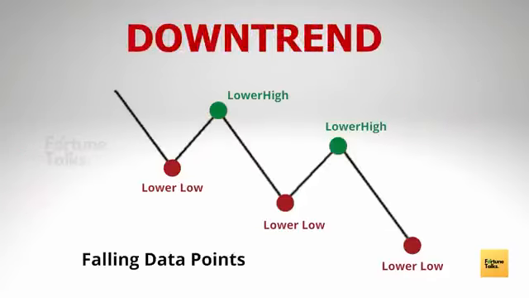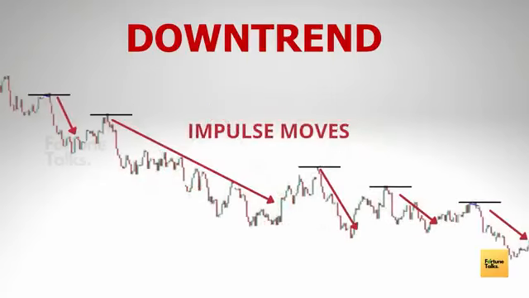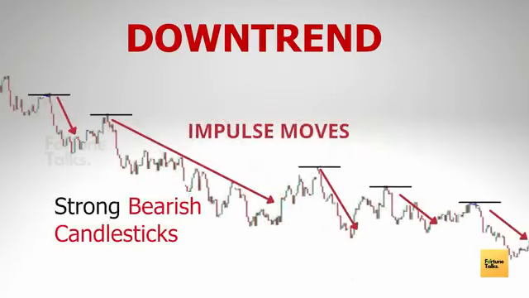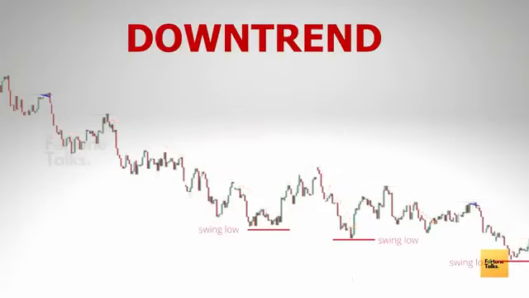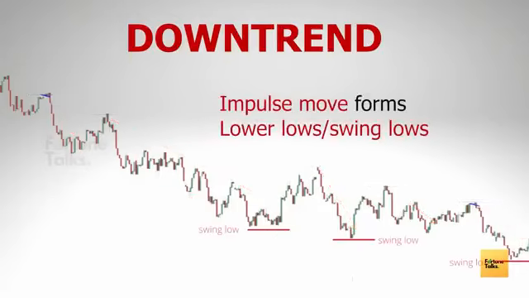Coming to downtrends, by definition these are marked by falling data points such as lower swing lows and lower swing highs. In a downtrend, the price moves down in such a way that the swings also move down, making a recognizable pattern. So during a downtrend, the impulse move is strong in the downward direction with a series of strong bearish candlesticks which form a lower price than the previously formed low.